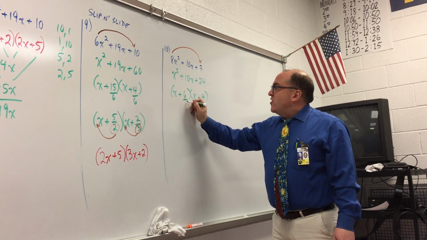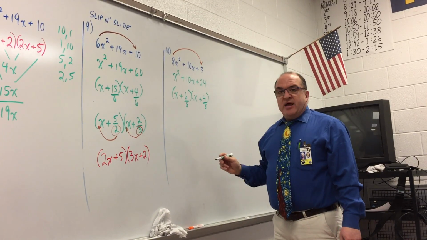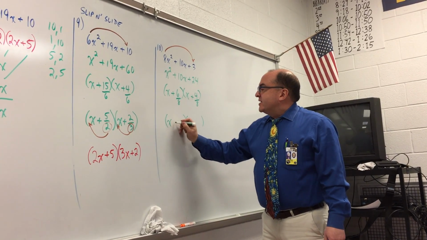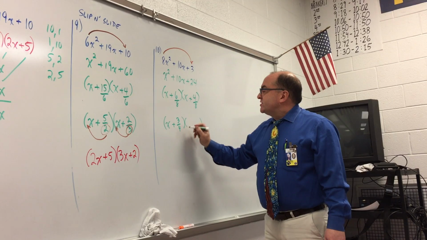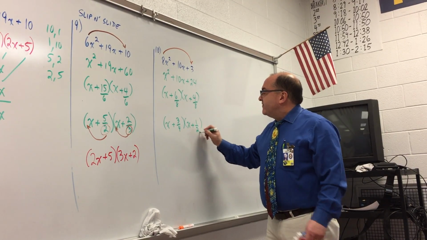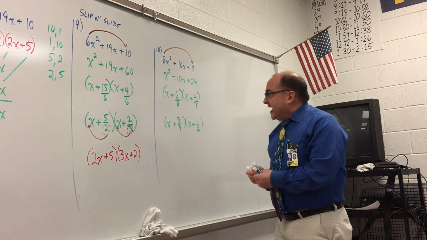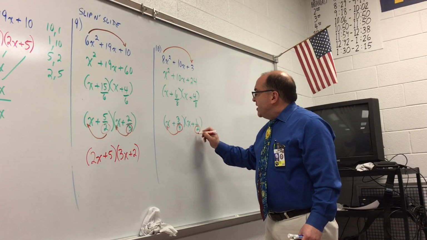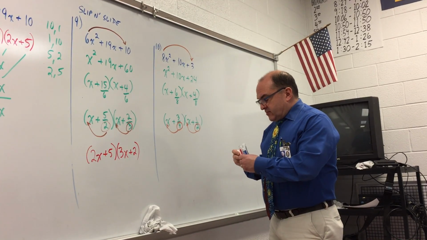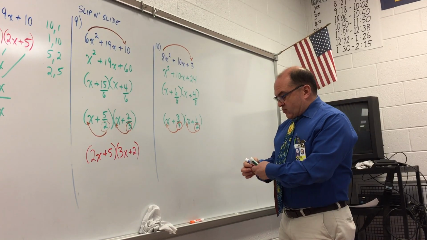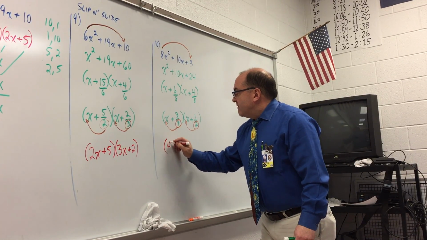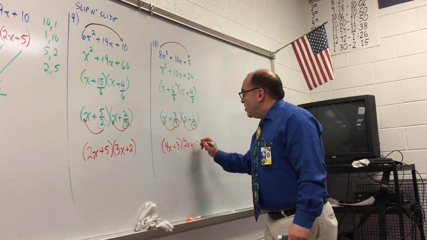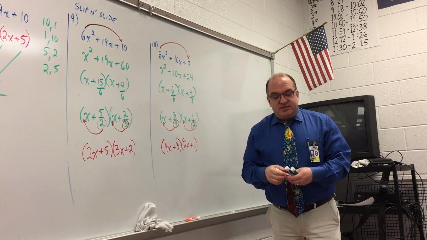I'm going to put this over 8 and this over 8 and reduce. That's going to give me x plus 3/4 and x plus 1/2. And now I slide the 4 back over here and the 2 back over here. And what do I have? I have 4x plus 3 times 2x plus 1. And that's slip and slide.